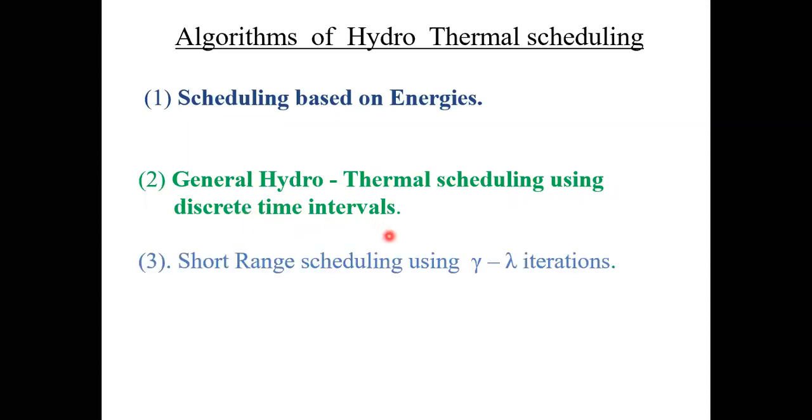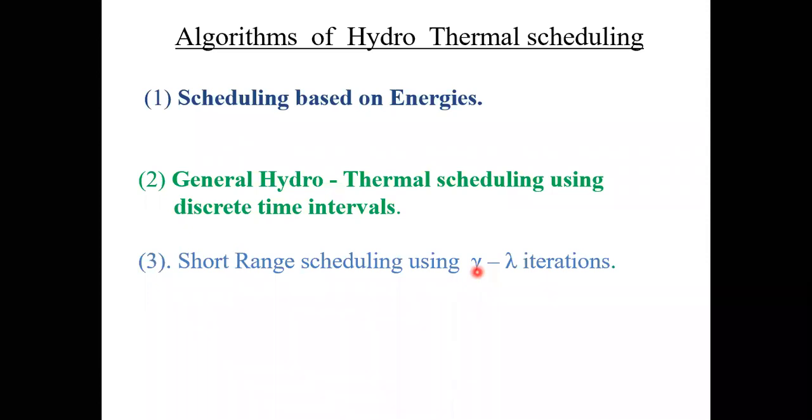Similarly, the third one is short range scheduling using gamma lambda iterations. We already know the meaning of lambda. Lambda is nothing but the incremental fuel cost for a thermal power plant. When you are considering the hydro power plant, there is no question of incremental fuel cost.